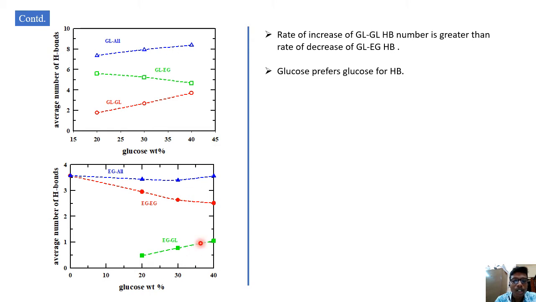For ethylene glycol molecules, the ethylene glycol-glucose interaction increases and the ethylene glycol-ethylene glycol interaction slightly decreases, and these two factors almost nullify each other and the total number of hydrogen bonds remains almost unchanged. So from this study we can say that both ethylene glycol and glucose molecules prefer glucose molecules as their hydrogen bonding partner.